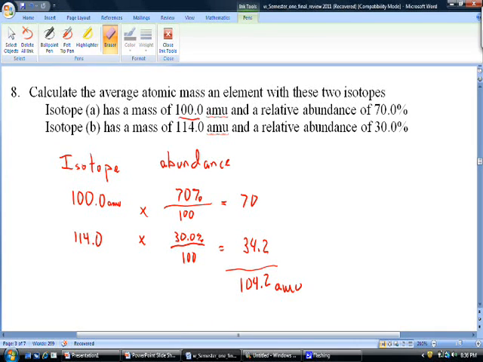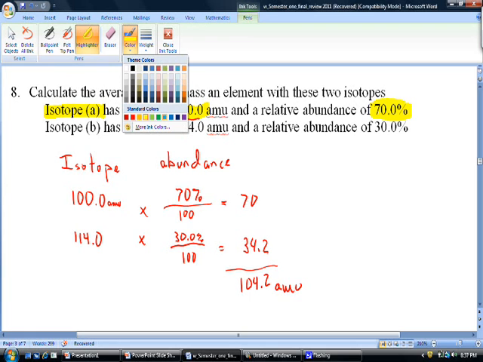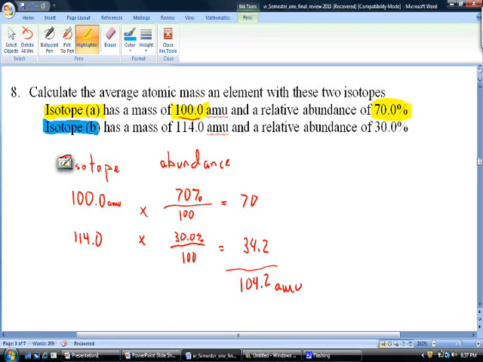So in this example, we have an isotope of one chemical that is pretty dominant. 70% of the atoms in nature have this mass, and isotope B, only 30%. Of course, these percentages have to add to 100. So 30% has a mass of 114 atomic mass units.